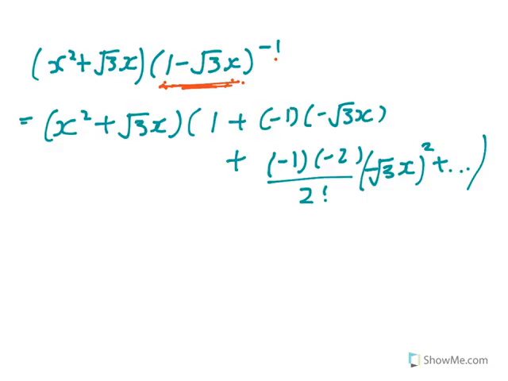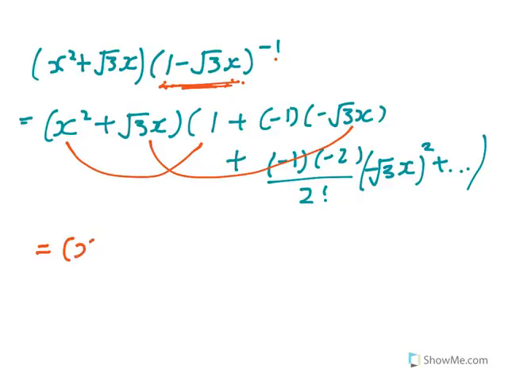After that, simplifying everything and taking only the power x and power x squared terms, the coefficients of x and x squared, that's all you need. So this is going to give you the total.